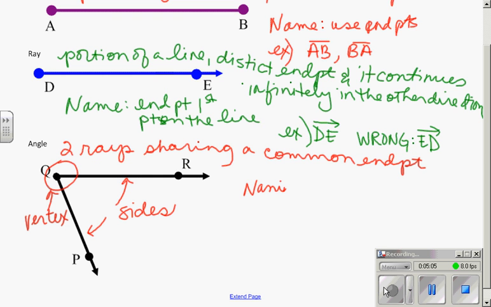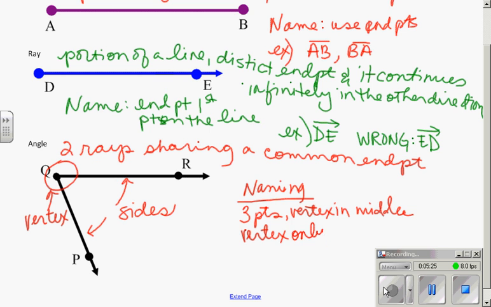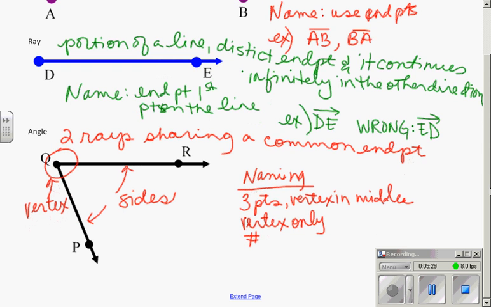Naming is a little tricky. There are 3 ways to name. You can name with 3 points, the vertex always being in the middle. You can name with the vertex only, but you have to be careful with that.